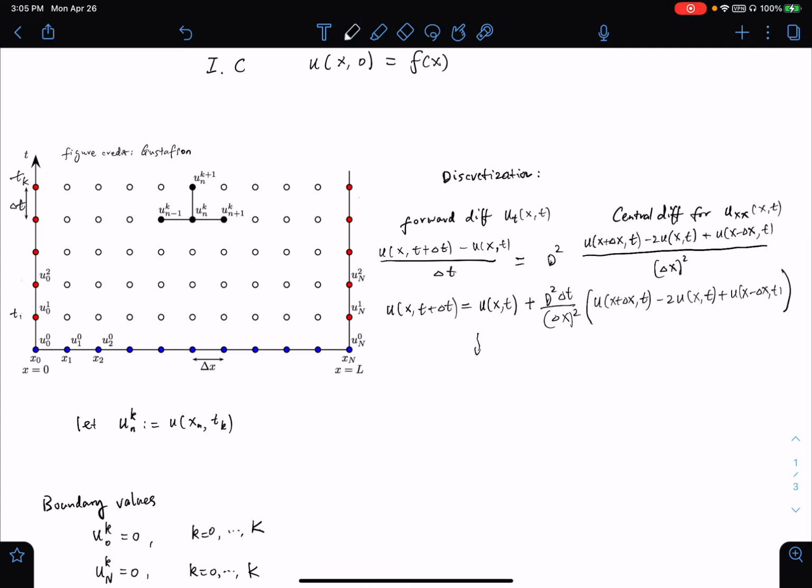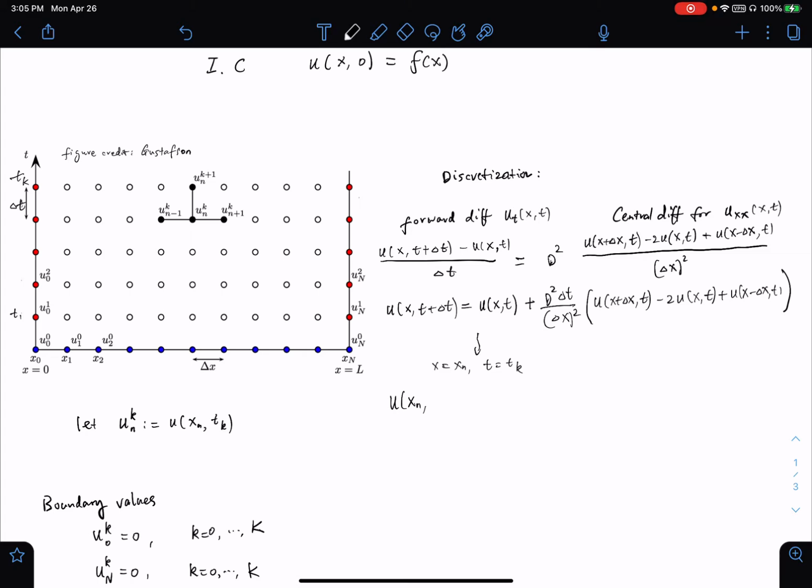So with this translation, let's say x is just xn, t is just some grid point tk. So we're at a particular point xn and tk, and the u value at this point will be u_n^k.